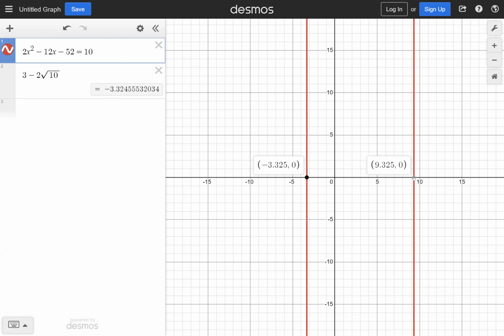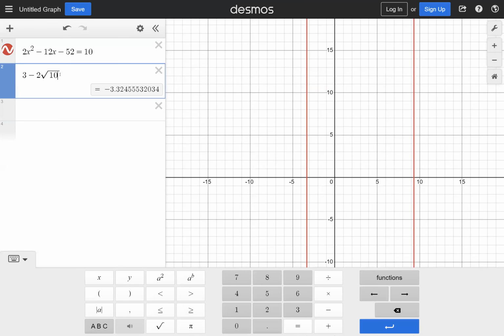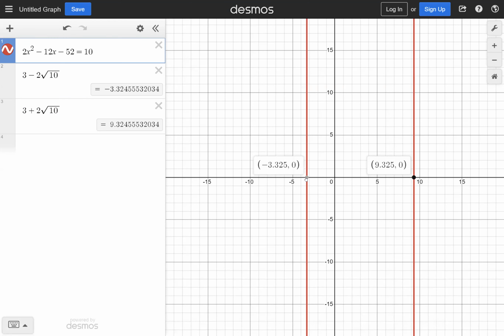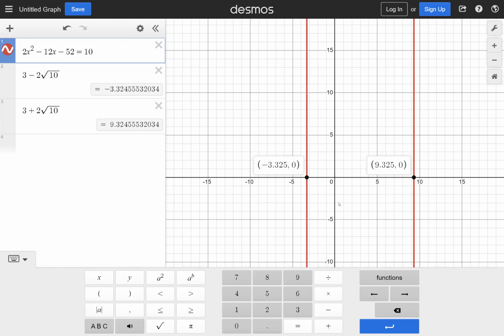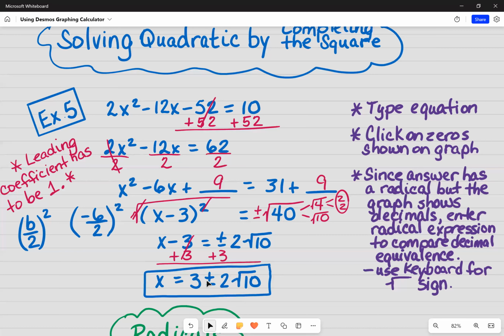Now I'm looking for the equivalent for 9.325, which I can just copy this and change that sign in the middle to plus, because remember, it's plus or minus. And now I see that, yes, I do have the exact same zeros as what showed up on Desmos for me. So that's the equivalent answer.